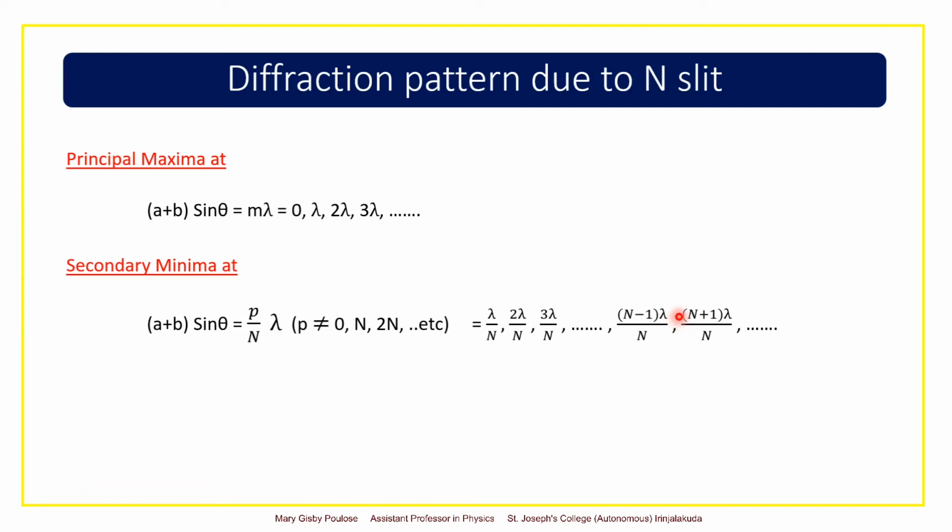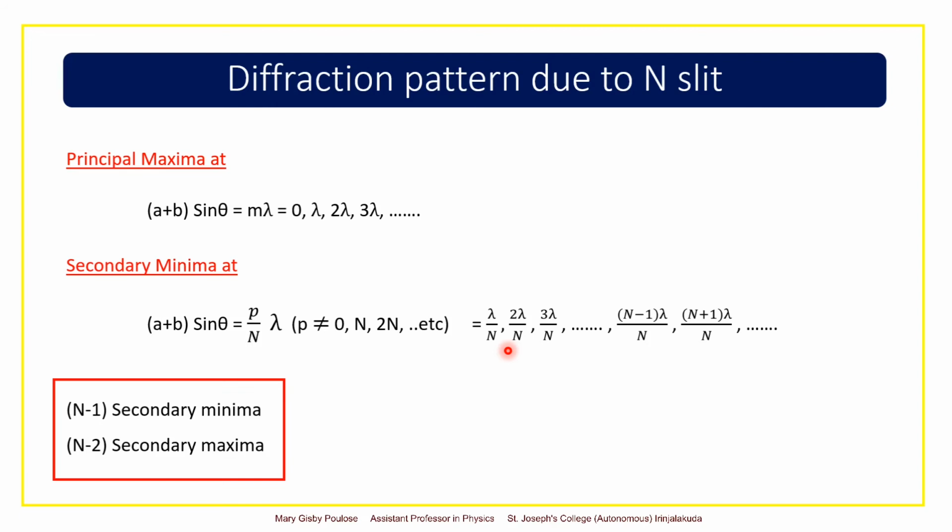The point (a plus b) sine theta equal to lambda would have been here. So that point is seen as a maxima here. In between these 2 points, path difference equal to 0 and path difference equal to lambda, we have this many minimas. That means we have N minus 1 secondary minimas.